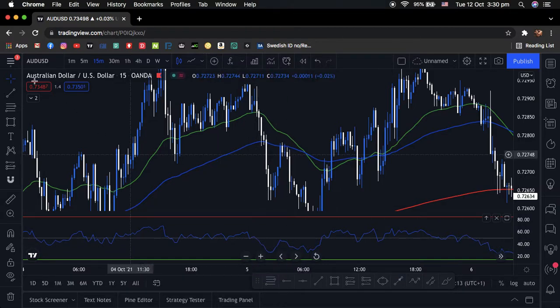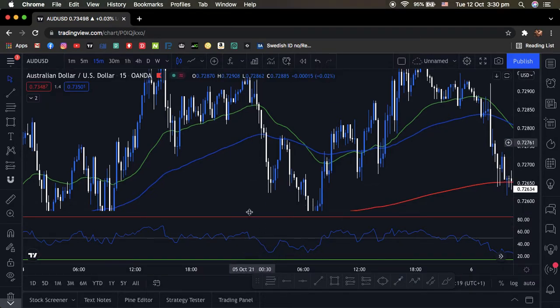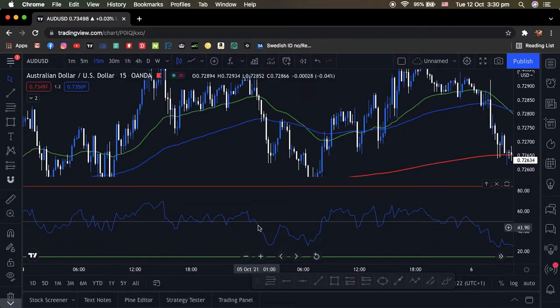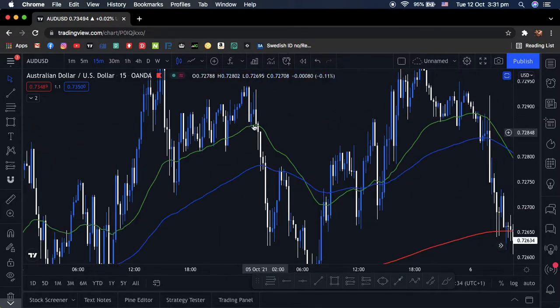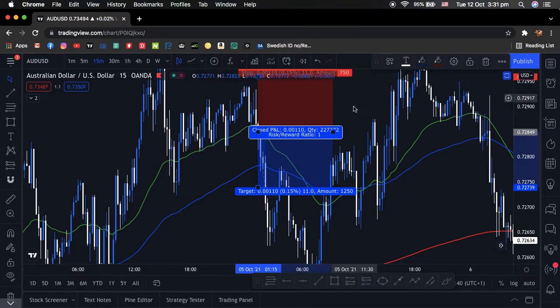As you can see here, see how the RSI is now below the 50, and then we have the bearish candle, and it closed under the 21 smooth moving average. For me, as soon as I see that, I'm jumping in. I take my short position, smack it right there.